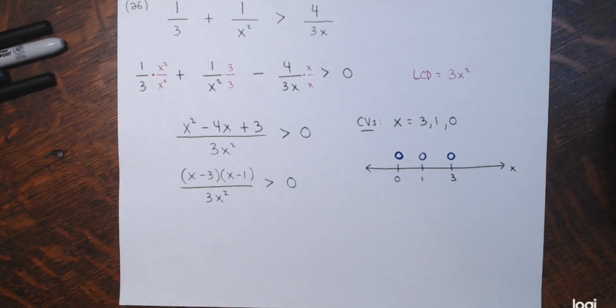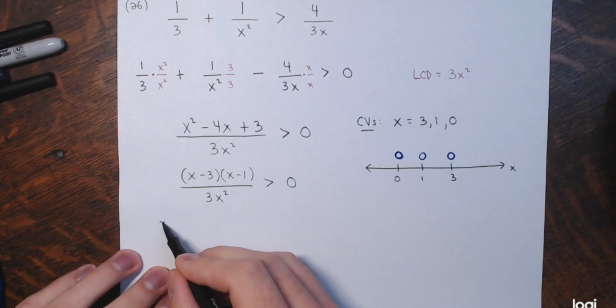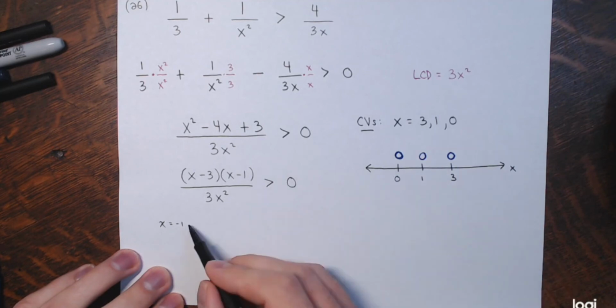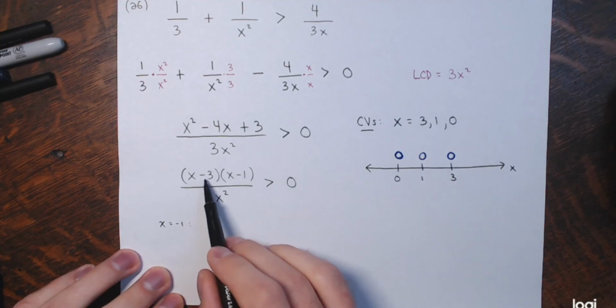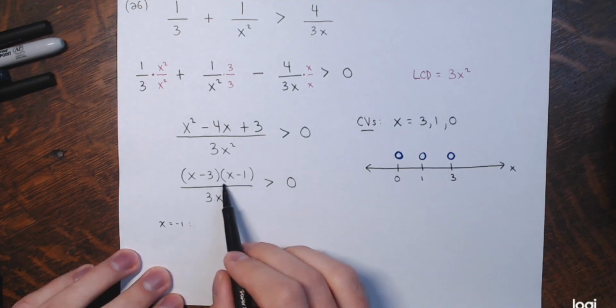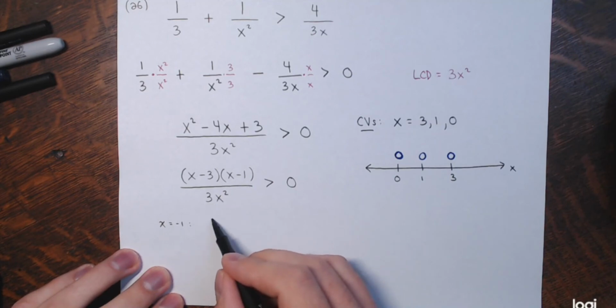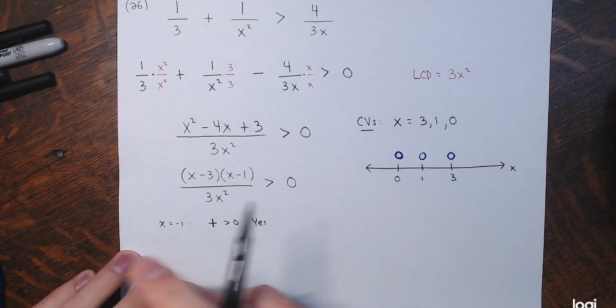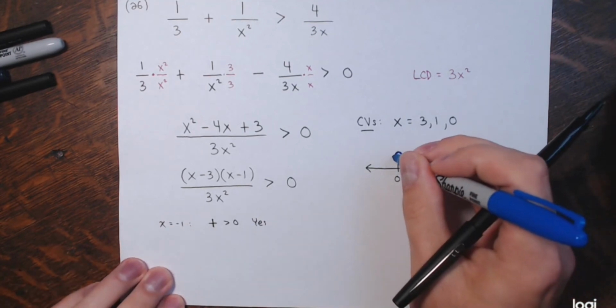Right. Then we test some values. So x equals, let's say, -1, right? That's to the left of 0. You'd have a negative times a negative. Should be positive numerator and a positive denominator. You'd have a positive number is greater than 0, which is true. So we have solutions to the left of 0.